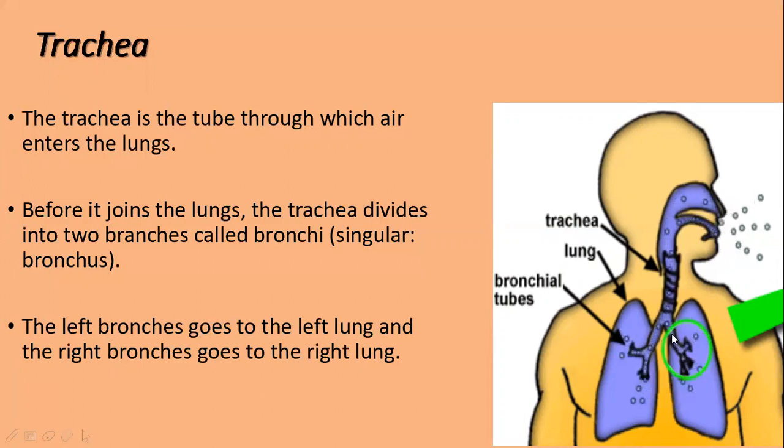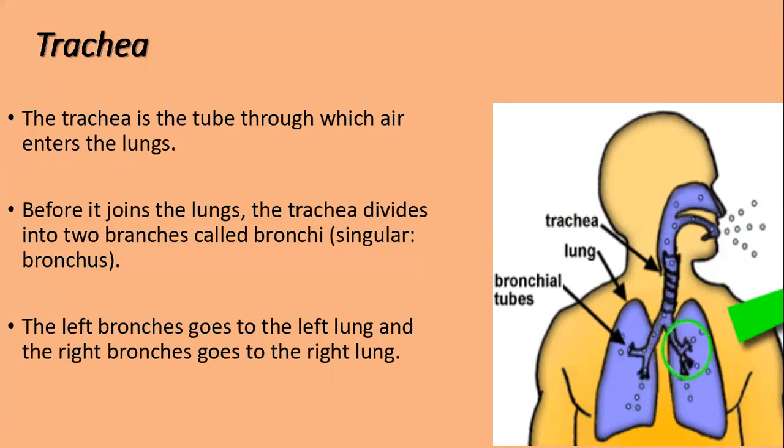This is also called bronchi. The trachea is divided into two branches, bronchi. The left bronchi goes to the left lung, and the right bronchi goes to the right lung.